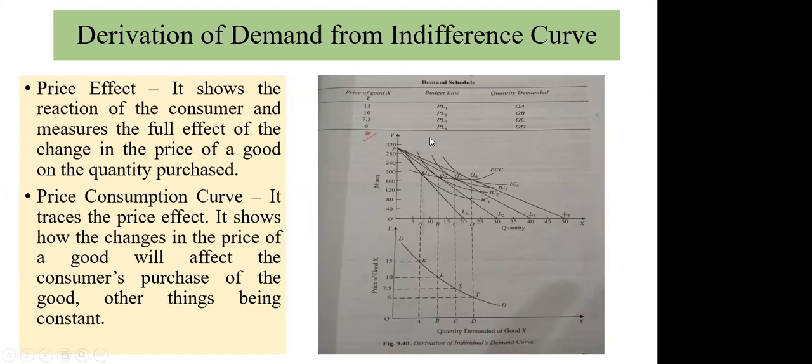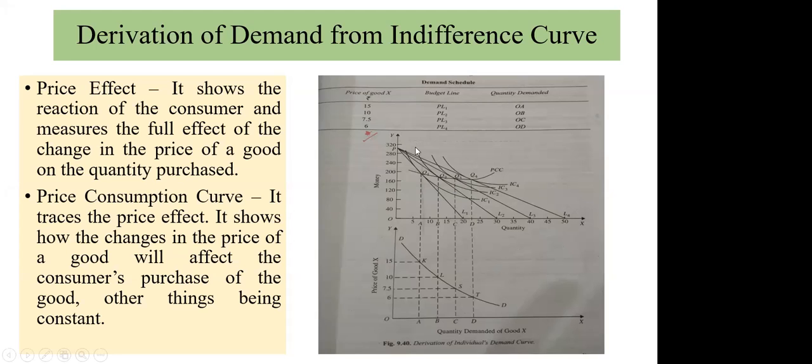On the graph, the X axis shows the quantity of good X, and the Y axis shows the money income. It starts from P, where the total income is 300, and this point is 20, because at rupees 15 I can only buy 20 units. Joining these two points, PL1 is the initial budget line.